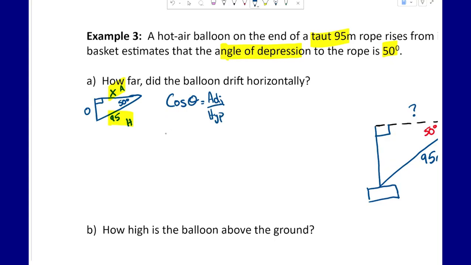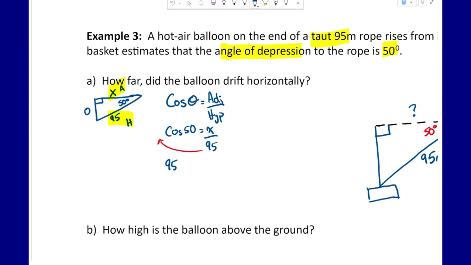I'm going to plug in my information. So cosine 50 is equal to, make it look like an S and not a 5, cosine 50 is equal to an unknown value over 95. Because our missing piece is on top, we're going to bring up and multiply.